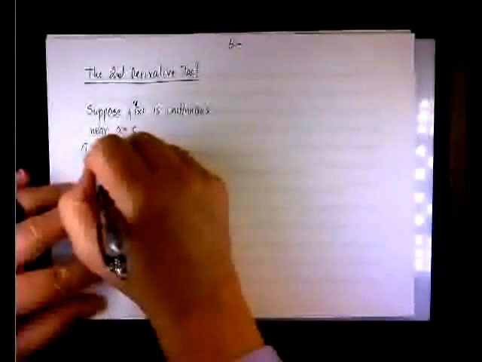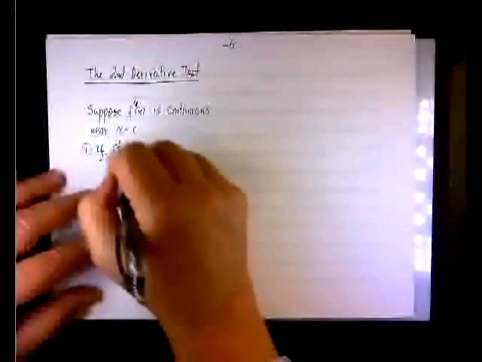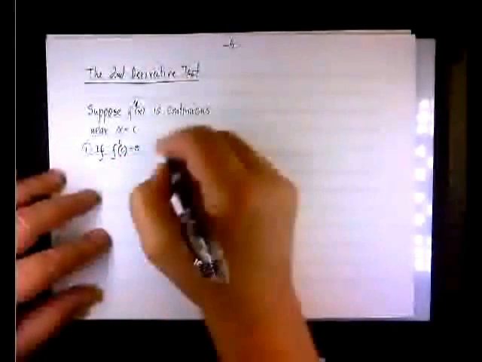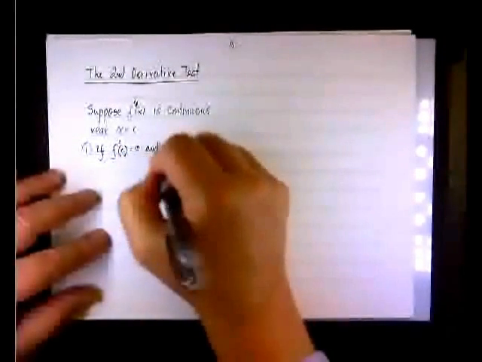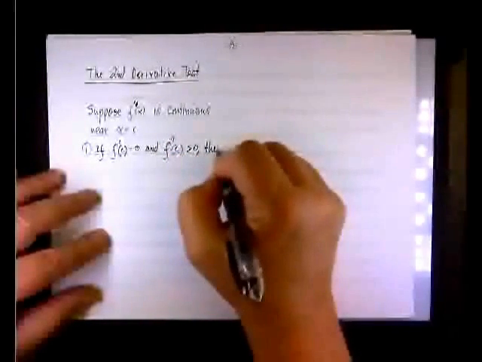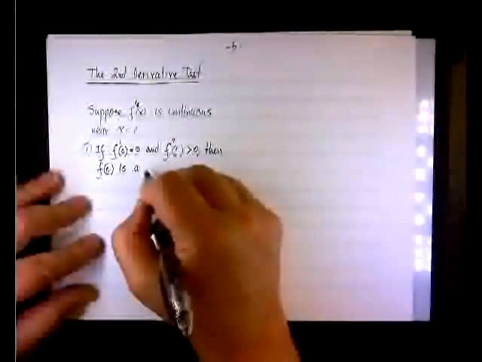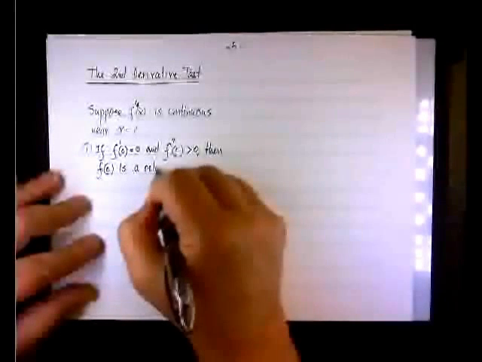So here's what happened. One, if f prime of c equals 0 and f double prime of c is positive, then f of c is a relative minimum.